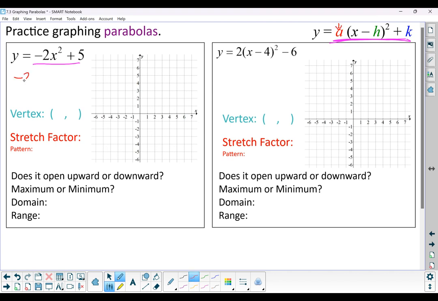So I'm going to write this equation using our basic form to help you see what the vertex is. So the -2 is the stretch. The +5 over at the end is definitely our k value.